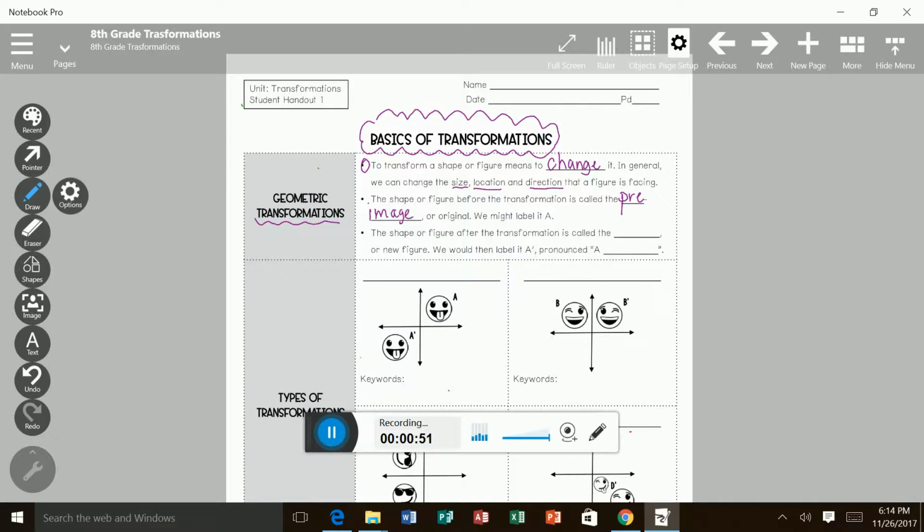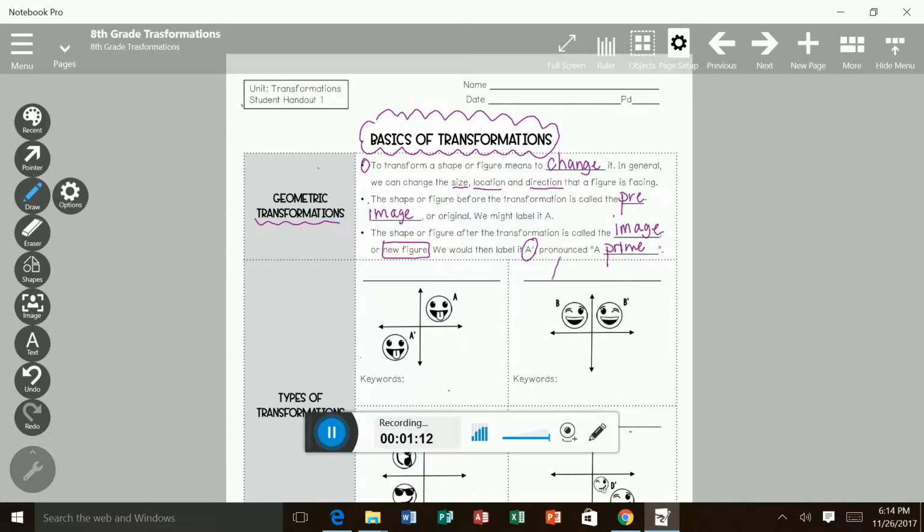The shape or figure after the transformation is called the image. So we have a pre-image and an image. And the image is the new figure. We would then label it A prime, pronounced A prime.